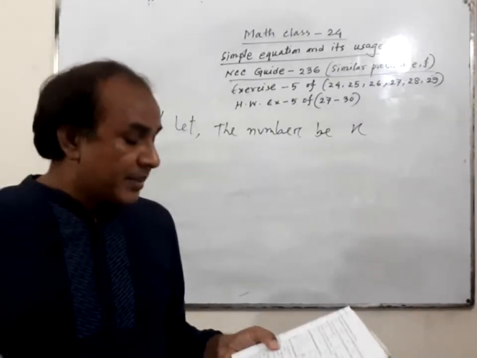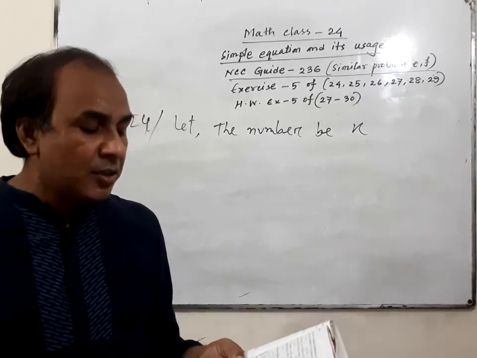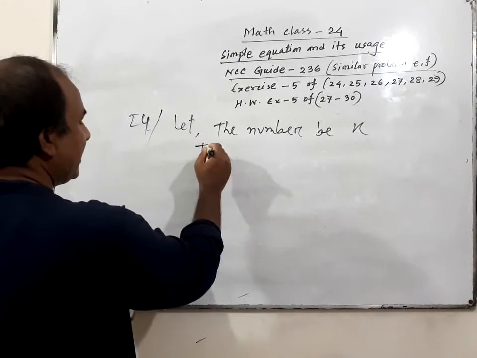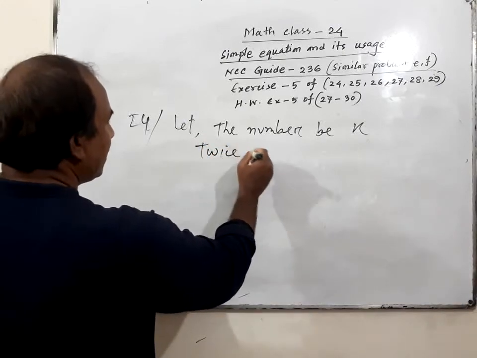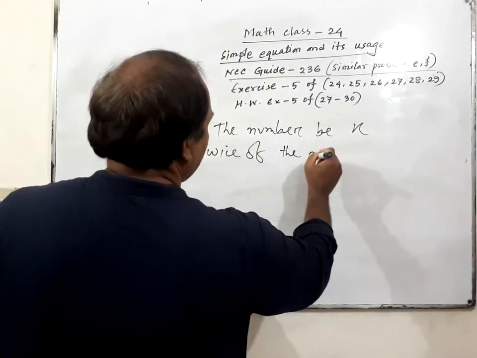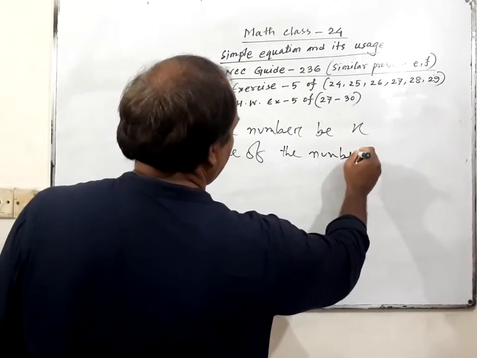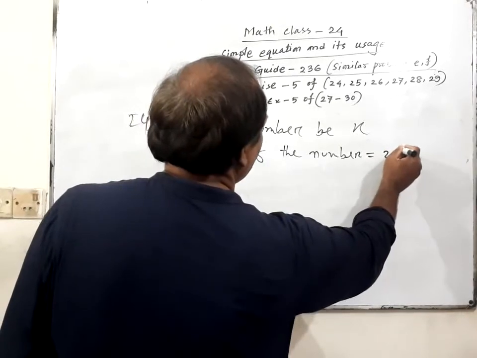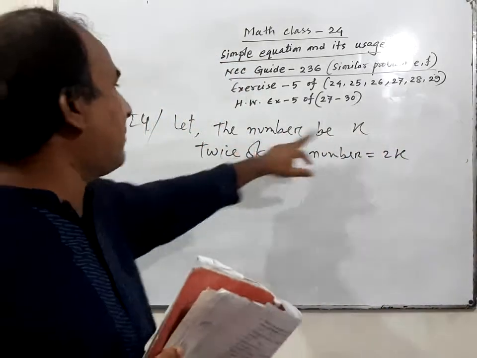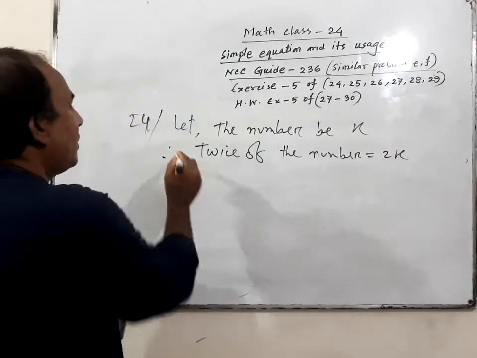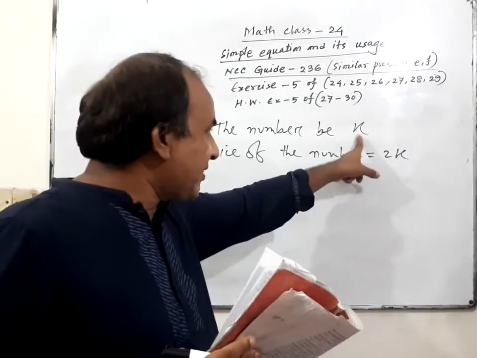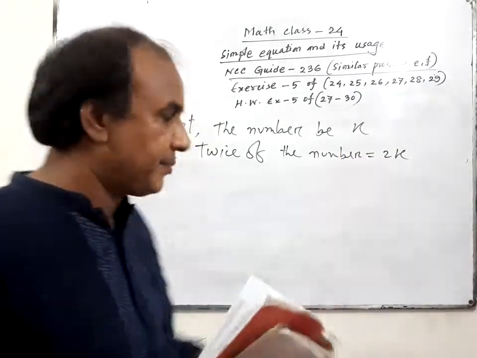Twice of the number: the number is x, twice the number is 2x.